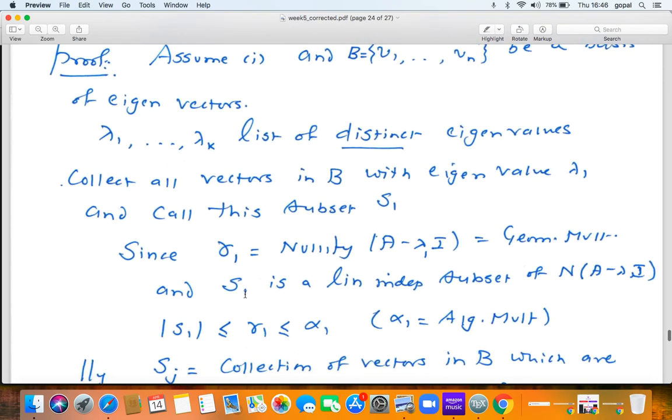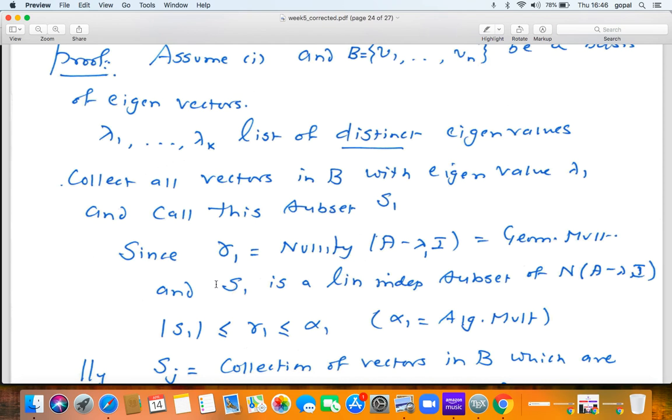Now S1 is a linearly independent subset of the null space of A minus lambda 1 I. So you take A minus lambda 1 I and you find the null space. And every eigenvector, by definition, is in the null space of A minus lambda I. And I have already here a bunch of vectors which are linearly independent.